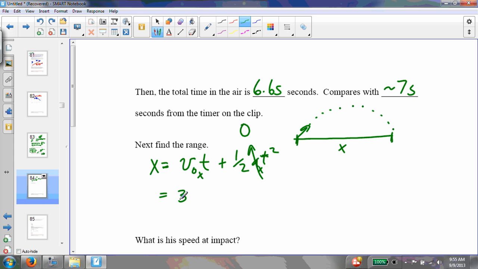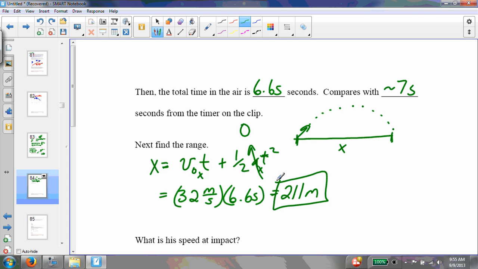And so we have 32 meters per second times 6.6 seconds. And that gives me 211 meters. That seems a little high to me from what we see in the clip, but it's not absurdly high. I could envision maybe 200 meters, maybe more like 100, 150. But, you know, it's just a movie. So that's our range.